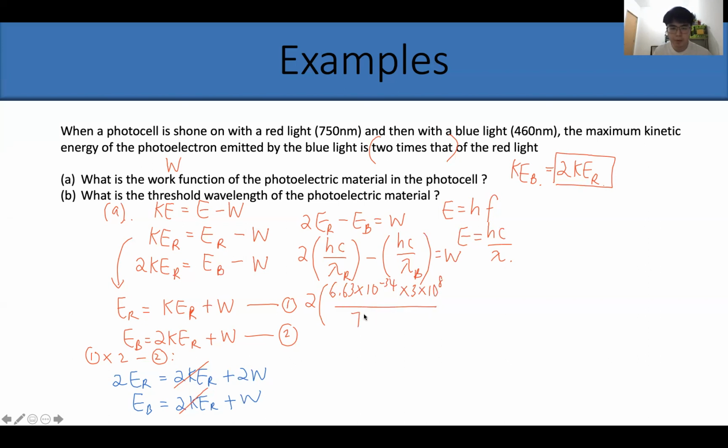Red light 75. Remember to change it to meter. All must be in SI unit. Okay, equals W. Then calculate this. And what is the final answer? Give me a second.